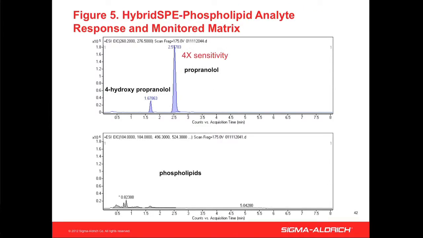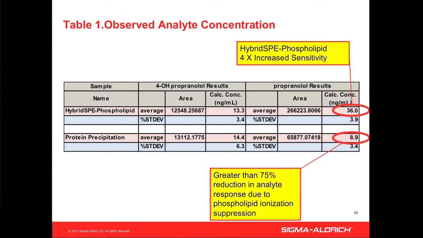If you do the hybrid SPE sample processing, you have a 4-fold increase in sensitivity of propranolol, and you look at your phospholipid profile, and there's basically nothing. This hybrid SPE is very effective in removing phospholipids. And here again, you see this approximately 4-fold improvement in the propranolol compared to standard protein precipitation.